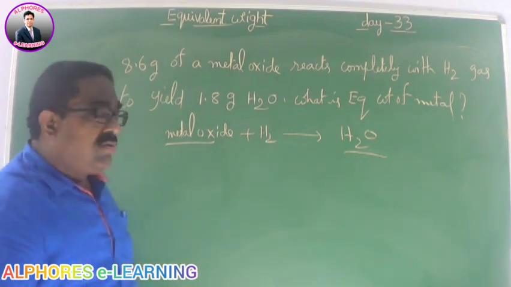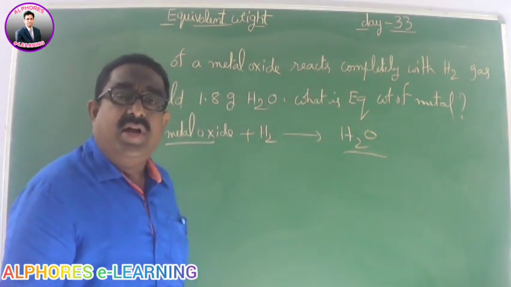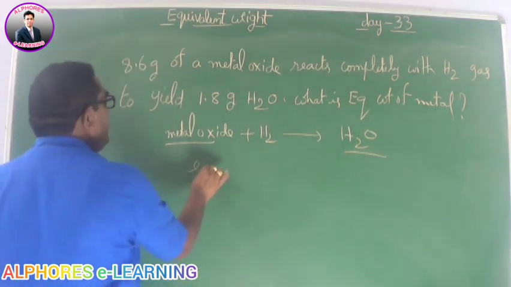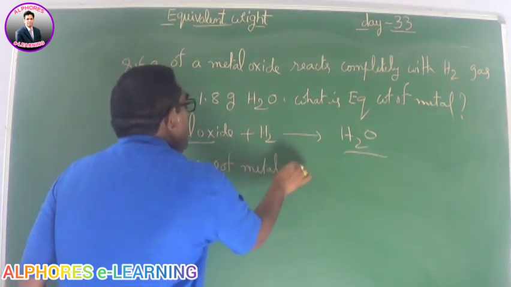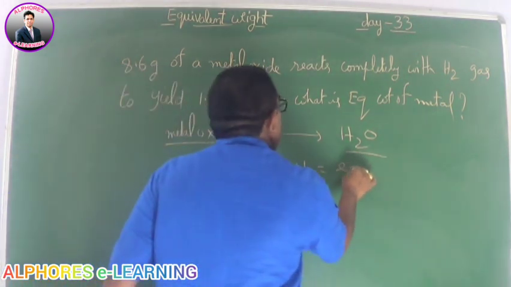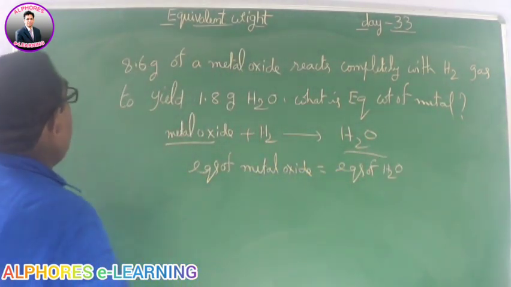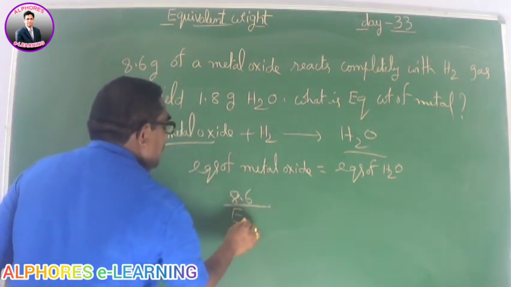As per the principle of gram equivalence, the equivalents of all the components of a chemical reaction are the same. So the same principle I will apply here, students. Equivalents of metal oxide should be equal to equivalents of water. How do you get equivalents? Weight by equivalent weight.